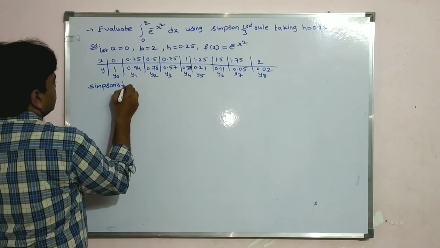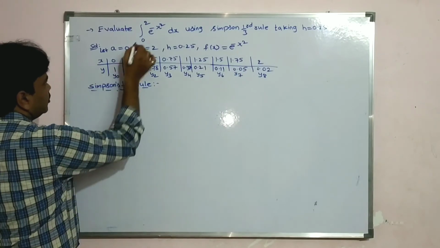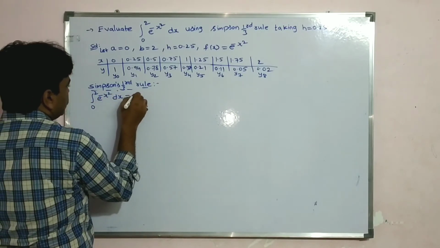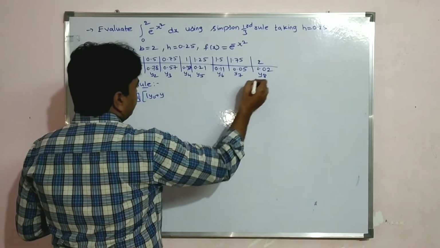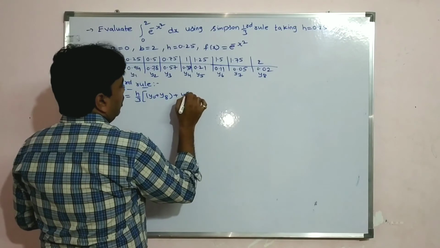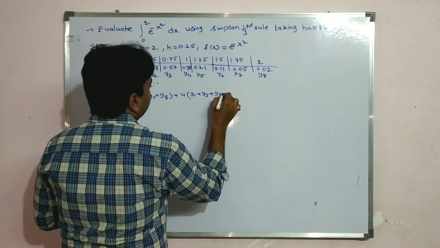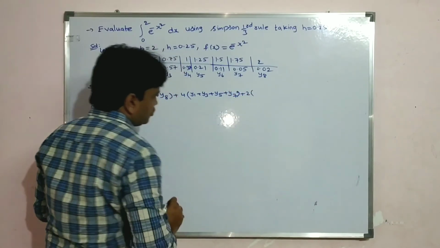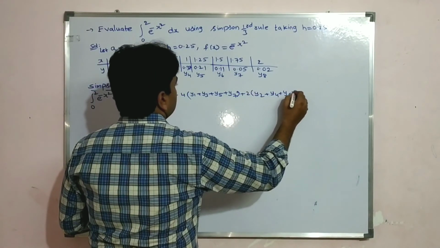Integral 0 to 2 e power minus x square dx is equal to h by 3 into y0 plus yn, that is y8, plus 4 into the odd terms: y1 plus y3 plus y5 plus y7, plus 2 into the even terms: y2 plus y4 plus y6, bracket close.